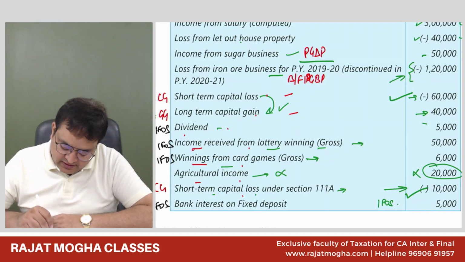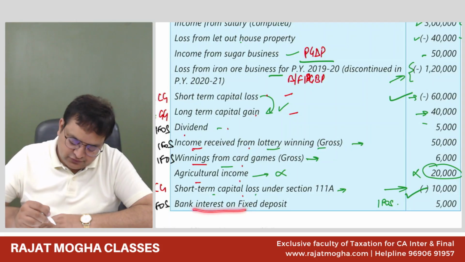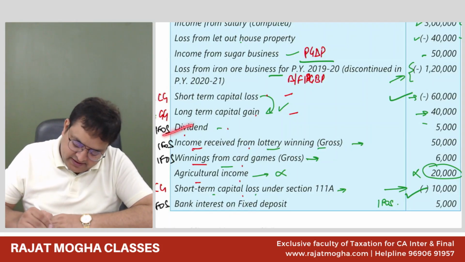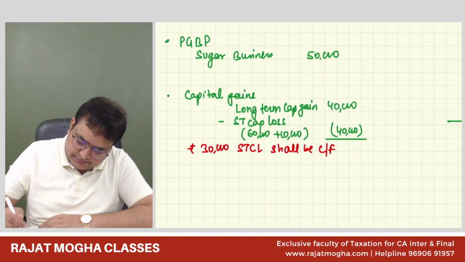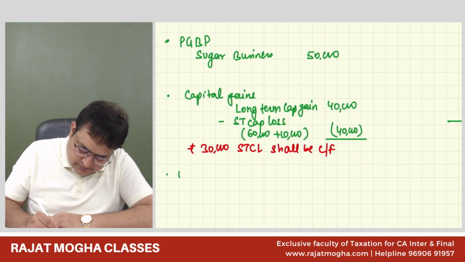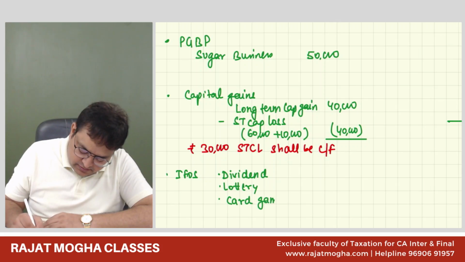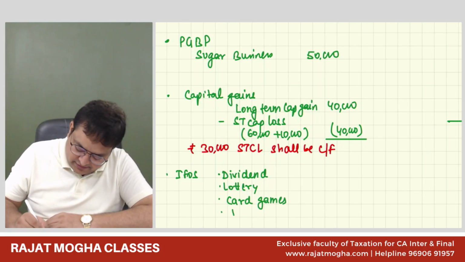Then we have bank interest income also. So dividend, lottery, card games, and then we have interest on FD.